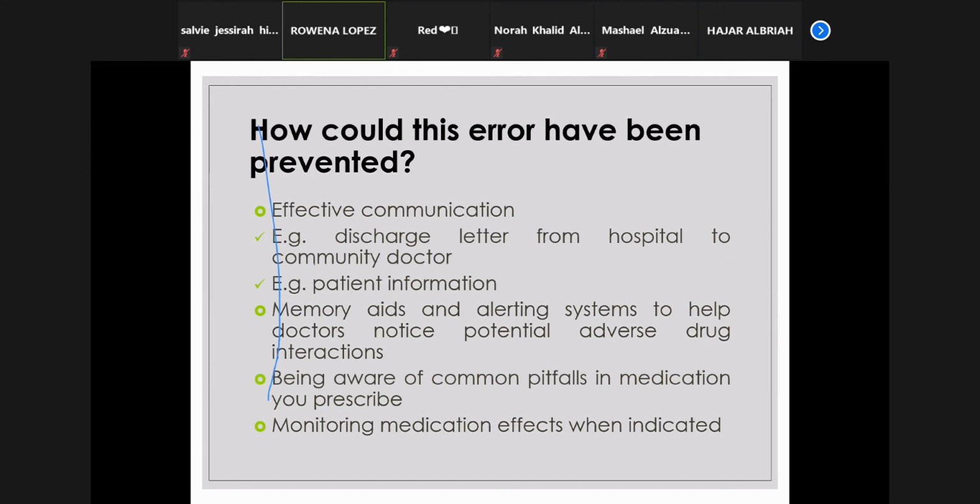By the way, there is now an application during this COVID-19, I forgot the name of the application. I guess some of the Saudis know about this. Whenever a patient is having some medications and doesn't need to go to the hospital, with this application they can take the medication from one of the pharmacies outside.